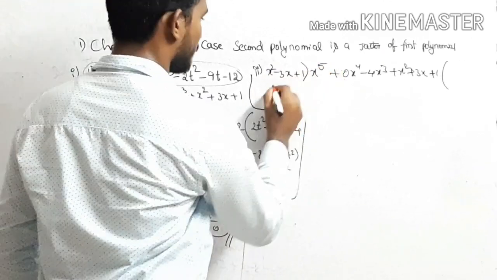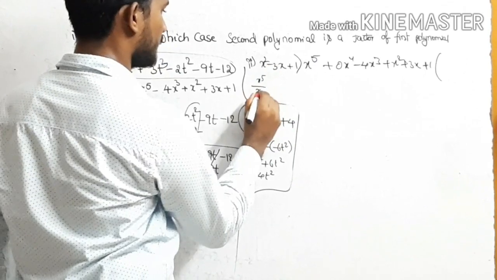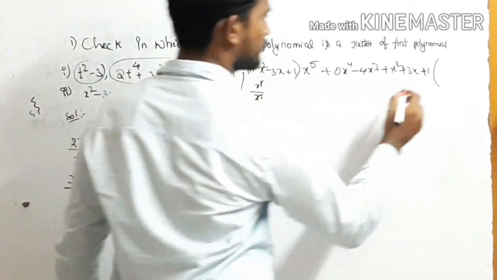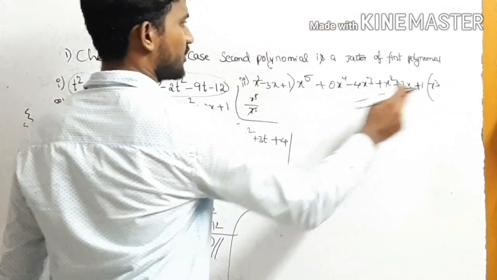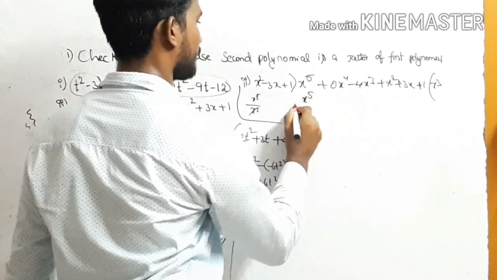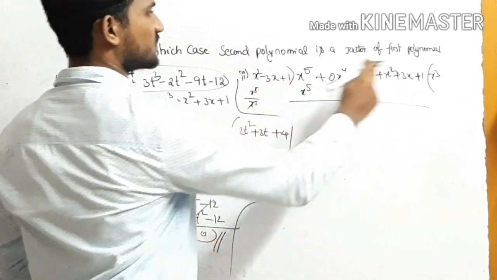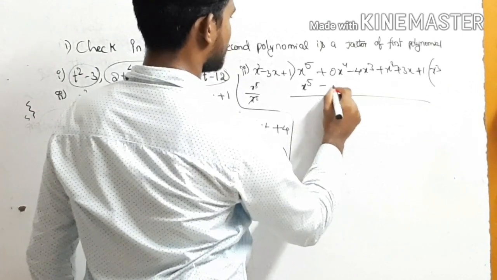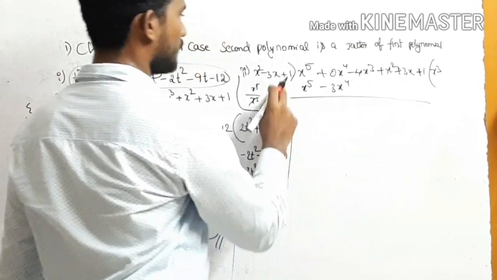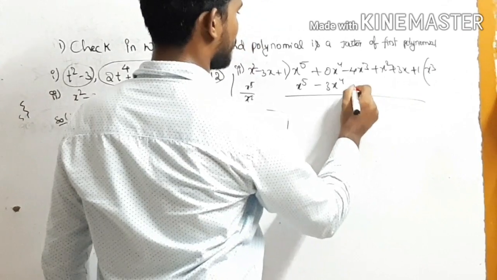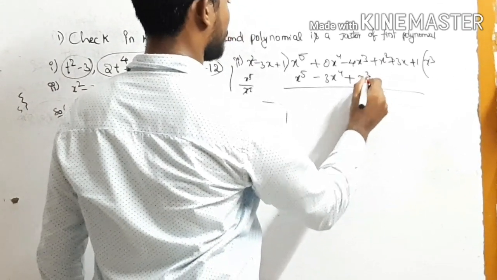First divide x power 5 with x square, then it will become x cube. x square into x cube is x power 5, minus 3x into x cube, minus 3x power 4, plus 1 into x cube, plus x cube.